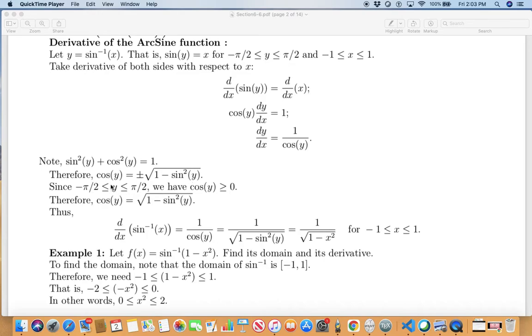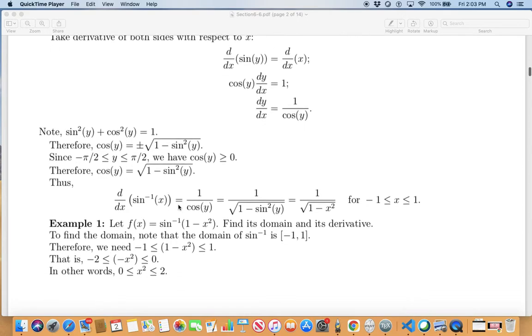Now notice, my y is between negative pi over 2 and pi over 2. So cosine y in this particular domain is actually non-negative. It is greater than or equal to 0. In other words, I don't need the negative square root. Cosine y is actually the positive square root of 1 minus sine squared y.